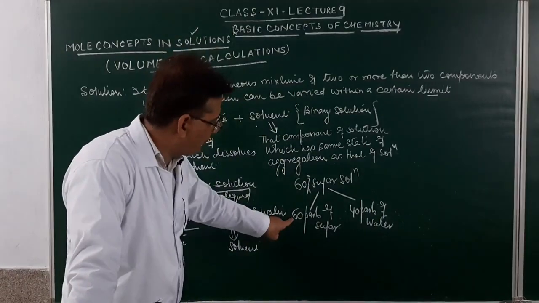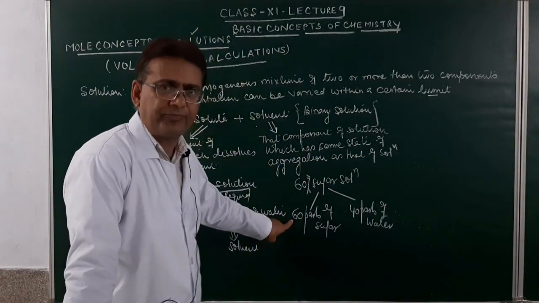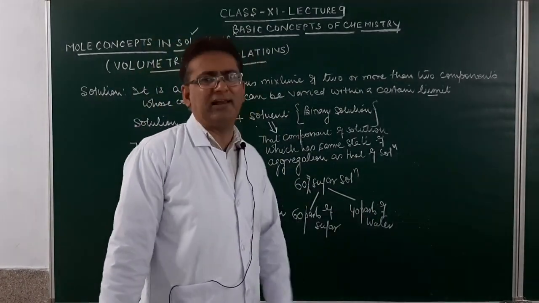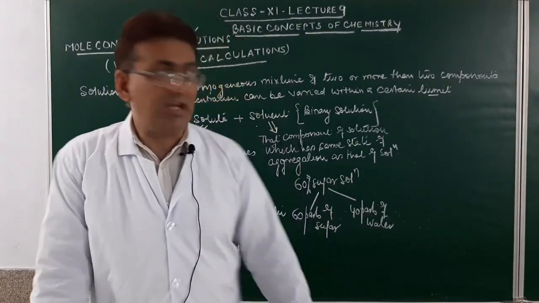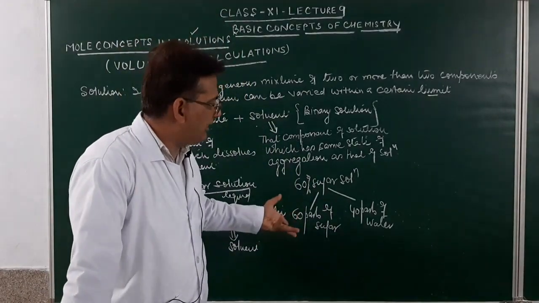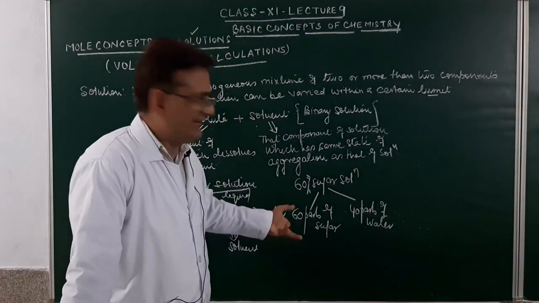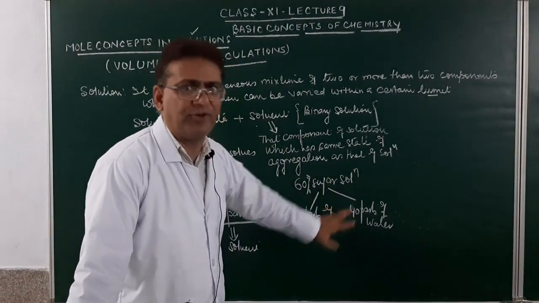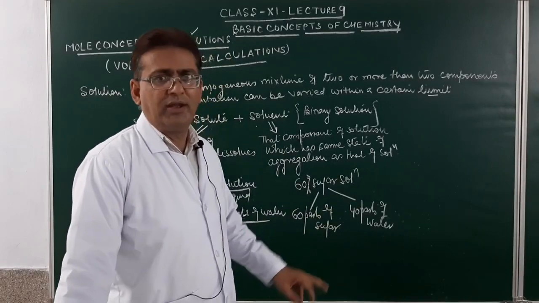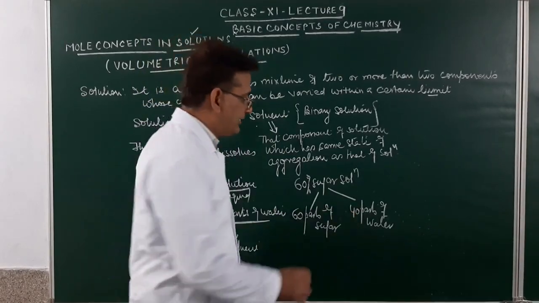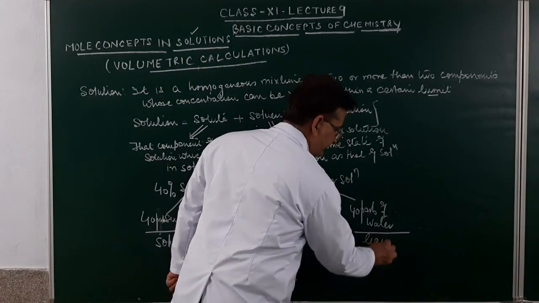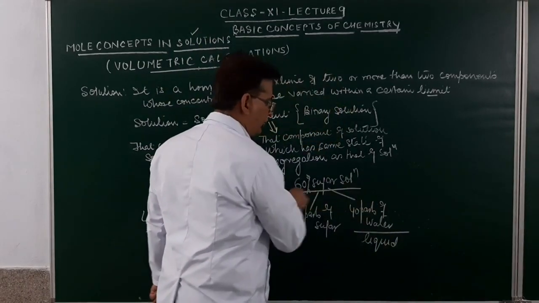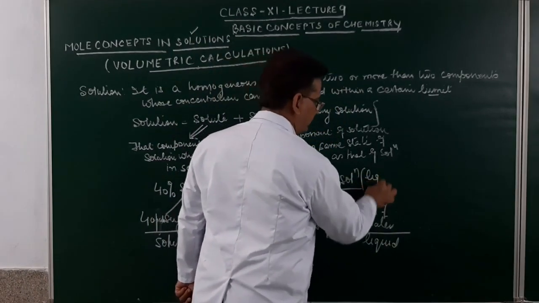Now here sugar is present to the larger extent and water to the lesser extent. Many people will get confused, because they say whatever is present to the larger extent is the solvent. But just see over here, water is in the lesser extent, but it is in the liquid form. The sugar solution also is in the liquid form.